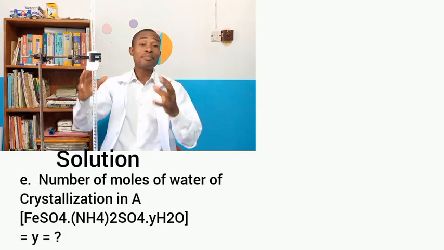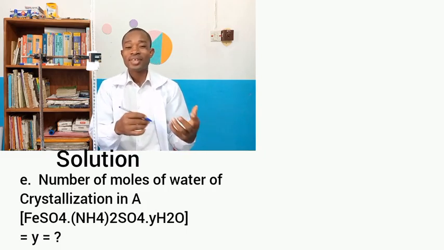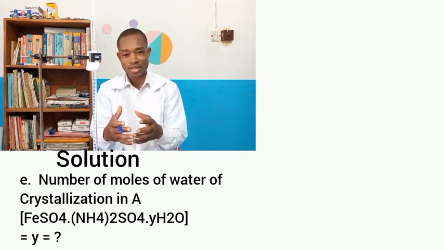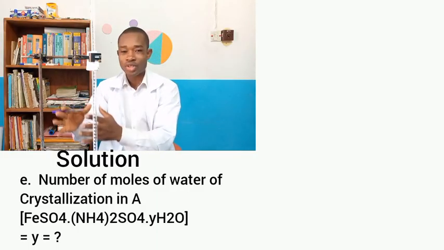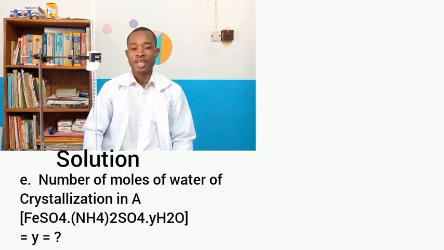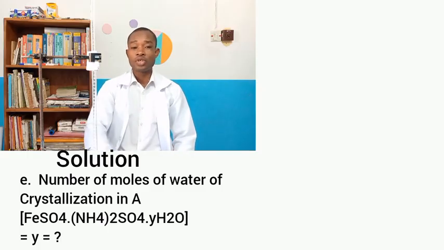Once we know the molar mass, we will come back and carry out the multiplication of the relative atomic mass of the elements by their atomicities, add everything together, and make it equal to the already obtained molar mass of this hydrated crystal. Then from there we can calculate the number of moles of water of crystallization.